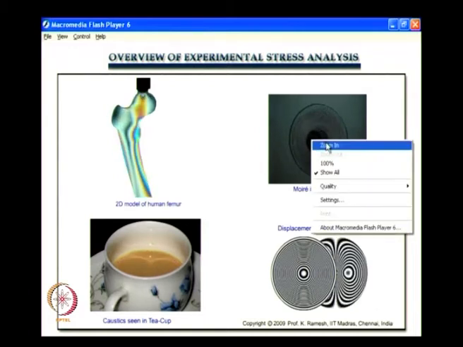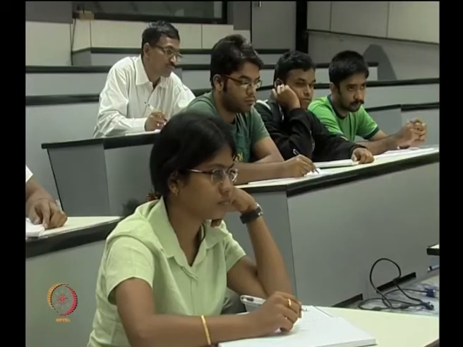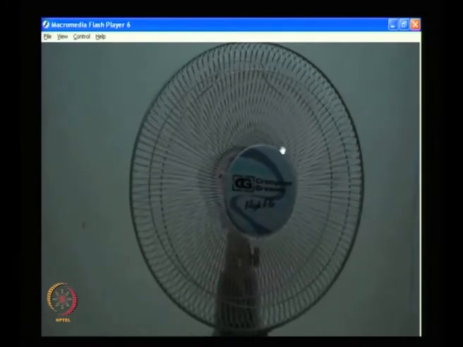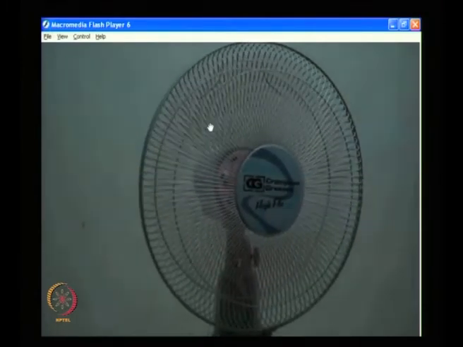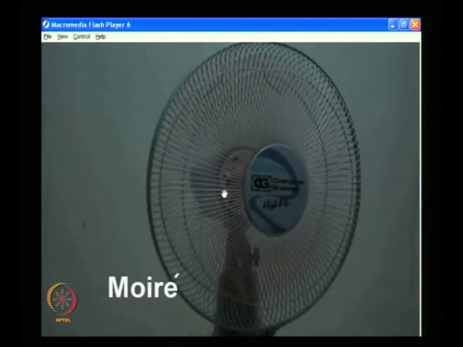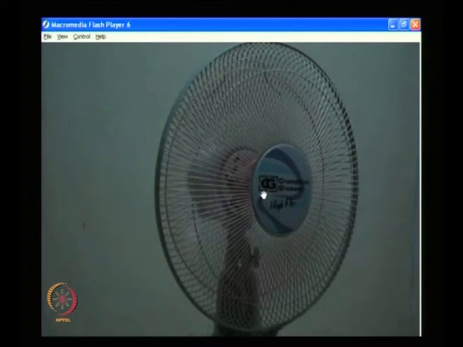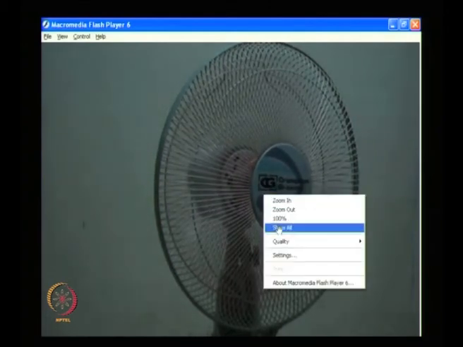And what you see here is another down to earth example, where in the case of a fan, when you have two grids superimposed, you see nice moving patterns, and this is called Moire. It is used for measurement of in-plane displacements, out-of-plane displacements, and so on.